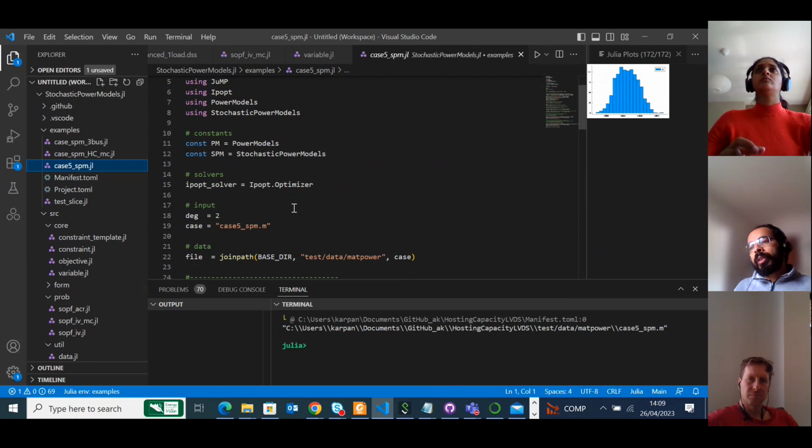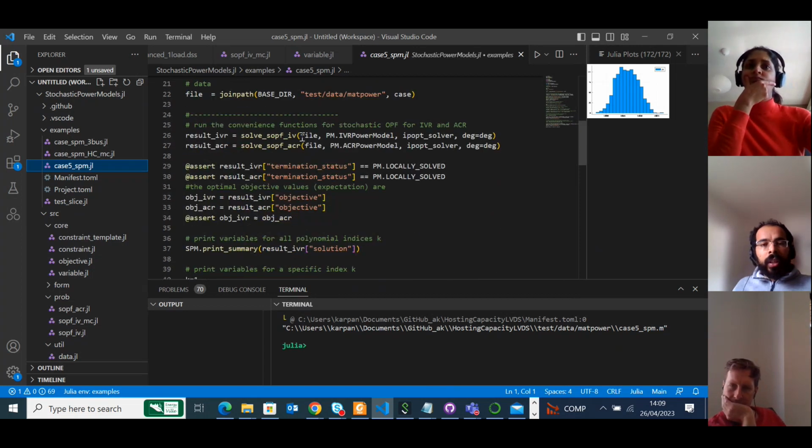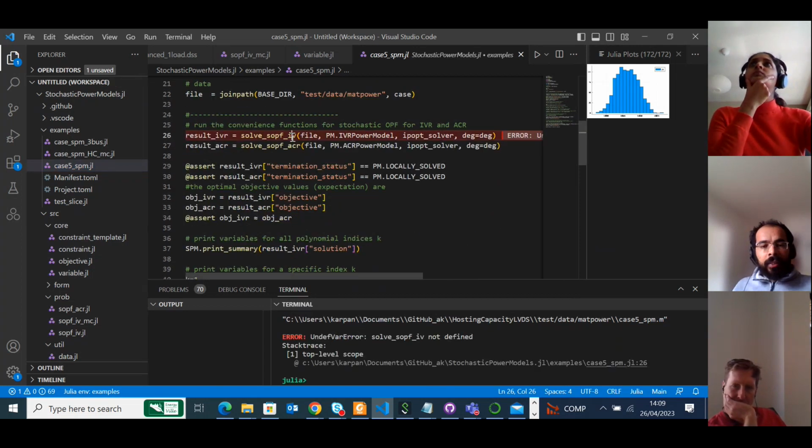So basically you have to put these lambda terms, distribution terms, and also allocate which load is getting which distribution. Once you have that, you just run IVR.